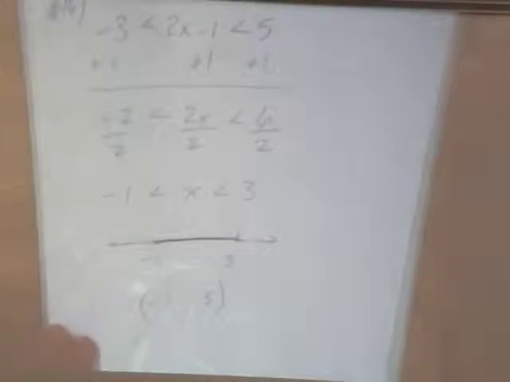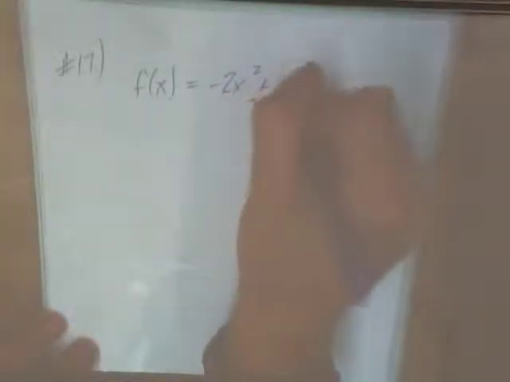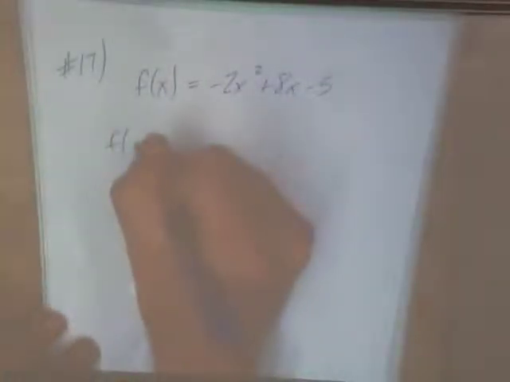All right, 17. They give us f of x is equal to negative 2x squared plus 8x minus 5, and they want us to find f of -1. All right, so what do we do?